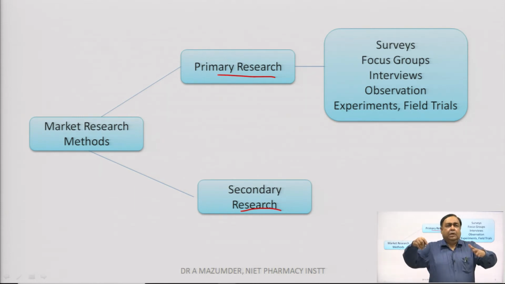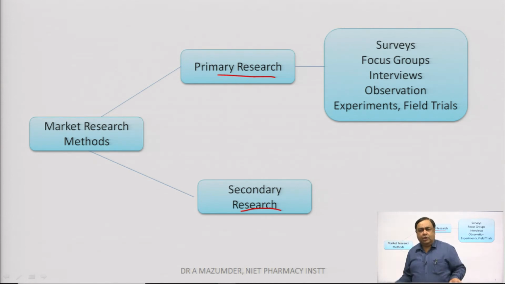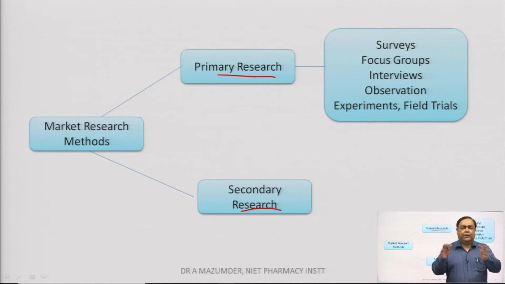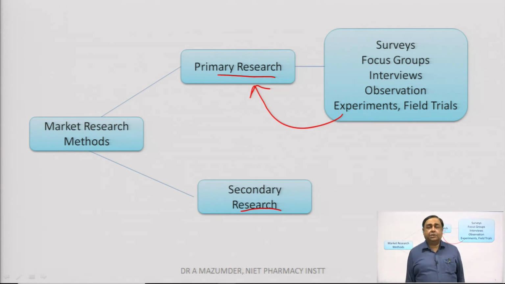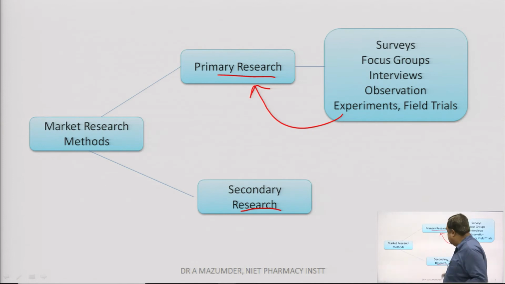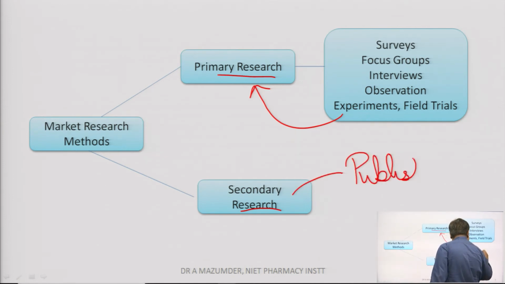Now, see, the data which you are gathering yourself, either by observation, experimentation, interview, survey, whatever it is, they all come under primary research. What is secondary research? Secondary research is one where the data is already published. They are basically done by others.